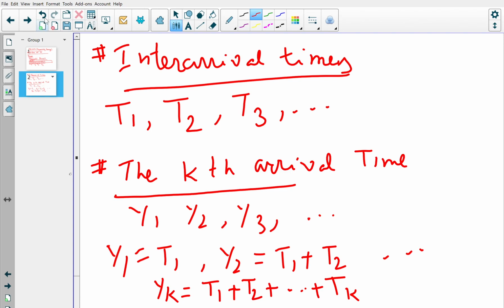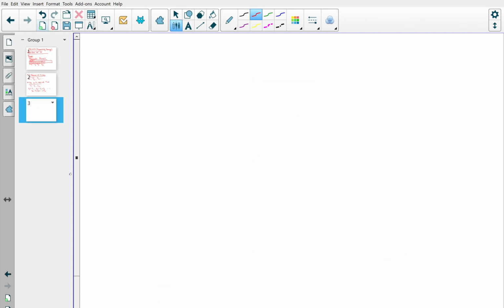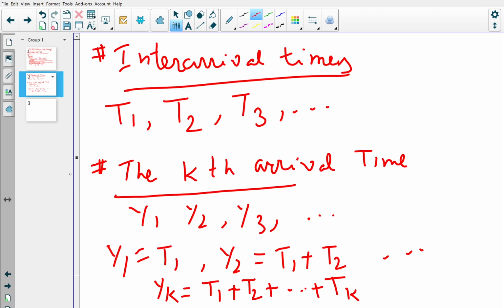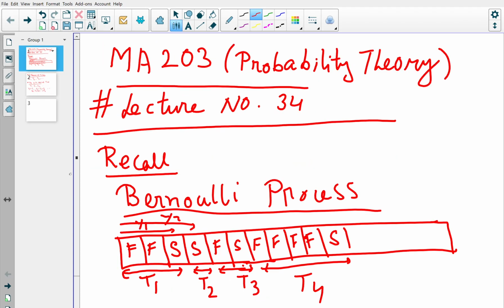So we can have a natural question: what are the PMFs of these discrete random variables? Let us try to find out, and that we have also learned from the fresh start property. Once you reach the first success, T1 is finished, and then after the first success the Bernoulli process has this fresh start property.